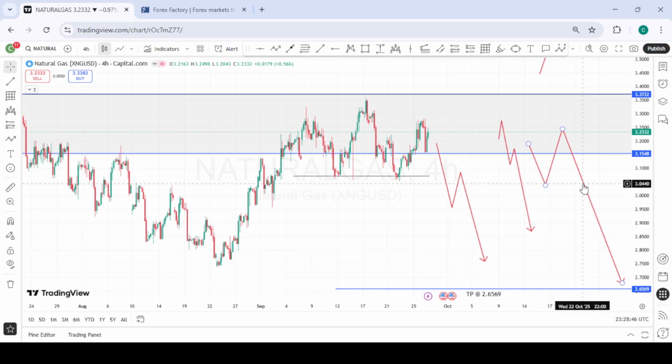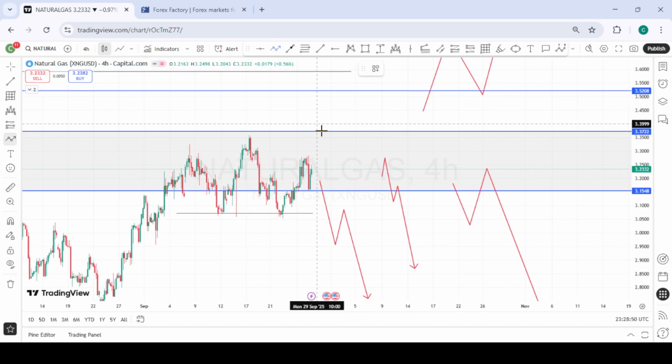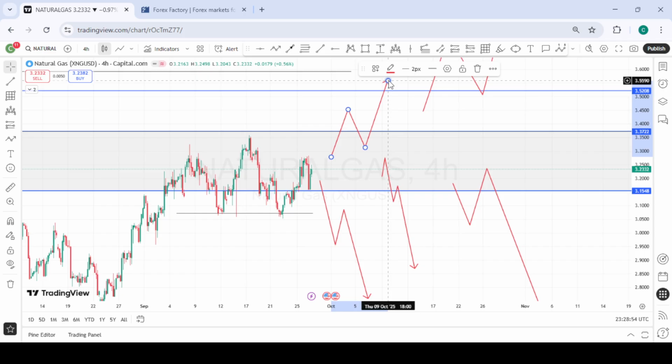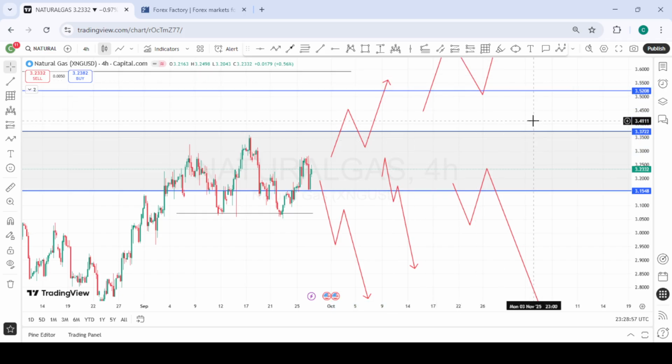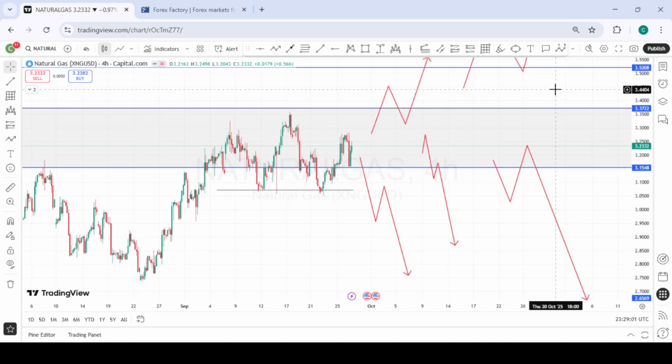Price would shift bullish on a daily perspective if we are able to clear these highs, break this zone, come for a retest and continue to the upside. Until then, we still have a bearish sentiment for natural gas for the coming week.